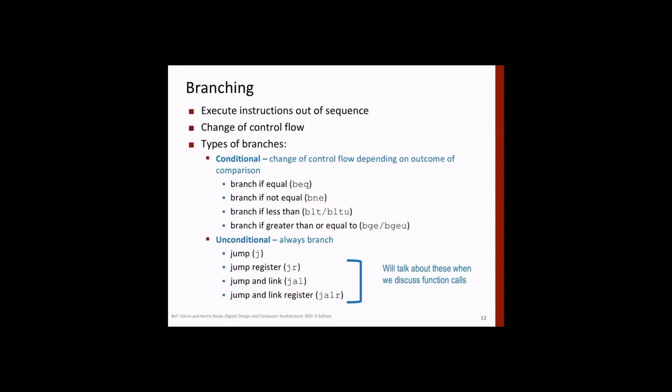Next is branching. In a C program or any language, branch is very, very important. When you do branch, it means that the normal flow is instruction execution one after the other. Now, if you have to take any decision based on some data, then you change the flow, because if some conditions are met or not met, then you say, let's not execute sequentially, but let's execute some other set of instructions.